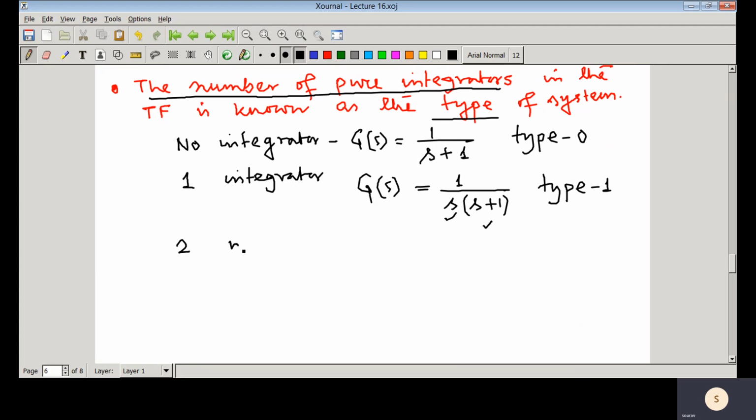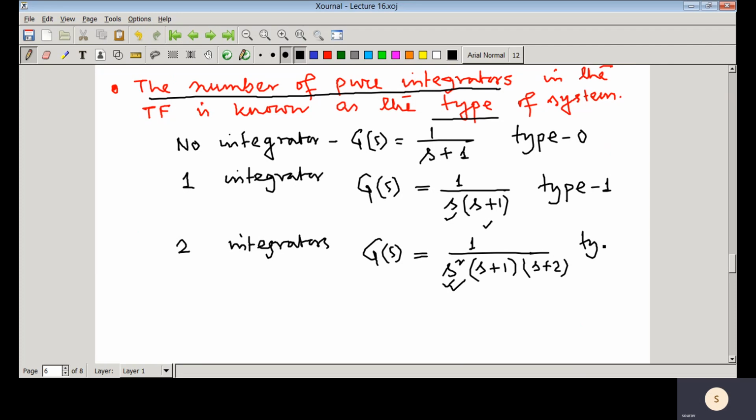Now two integrators. Suppose you have a transfer function with 1 by s square times (s plus 1) times (s plus 2). Here you can see that there are two integrators at the origin, so it is called a type 2 transfer function, and so on.